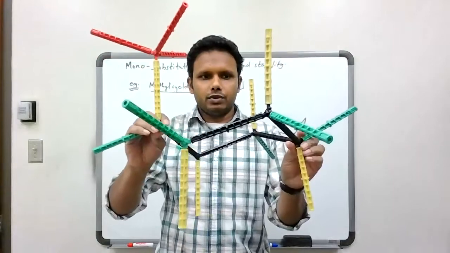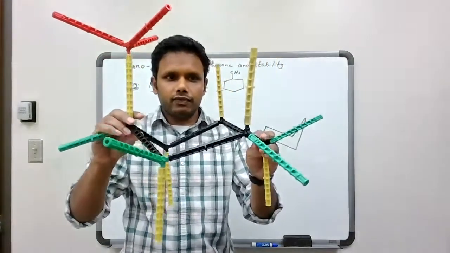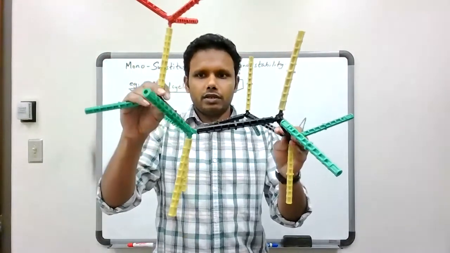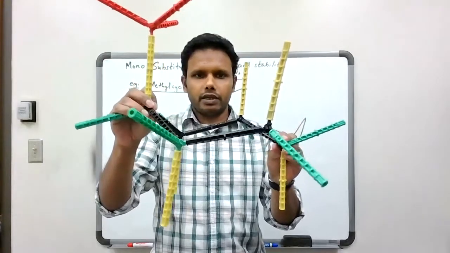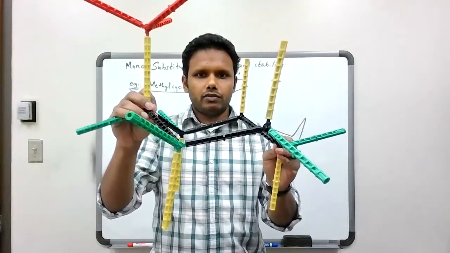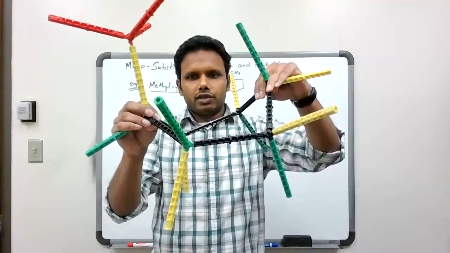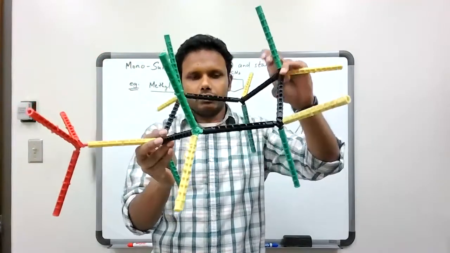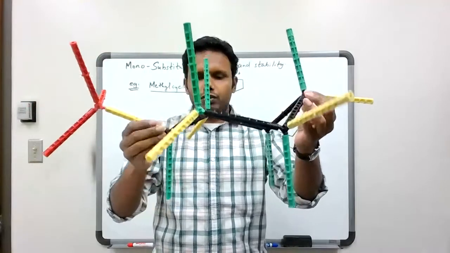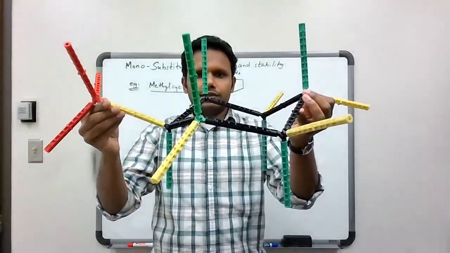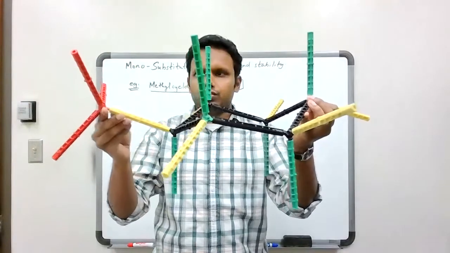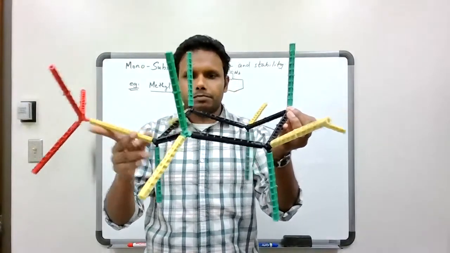Now, when the cyclohexane flips, right? So this is right now the headrest in my right hand. My left hand is holding the footrest. And as the footrest comes up and becomes the headrest, and the headrest goes down to become the footrest, what you would notice is that the methyl group is now in an equatorial position, okay?